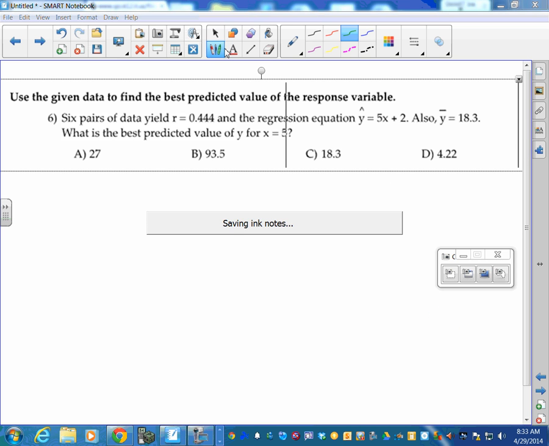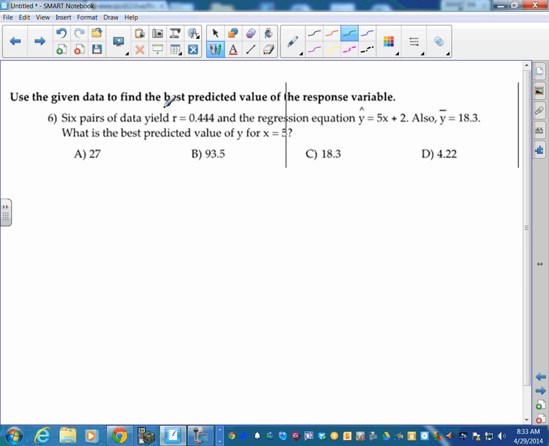All right. Best predicted value. Remember, that could be Y bar or Y hat. How do you tell the difference between Y bar and Y hat? Remember, you're going to have two answers. Y hat equals 5x plus 2.